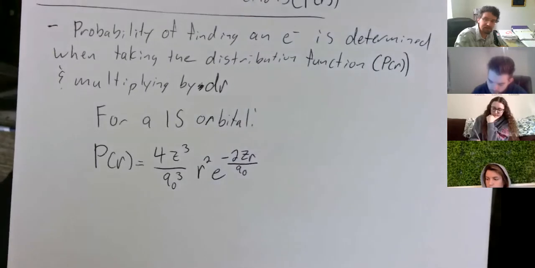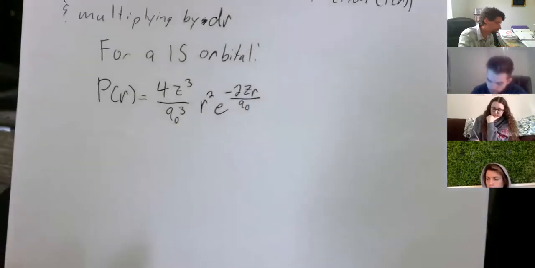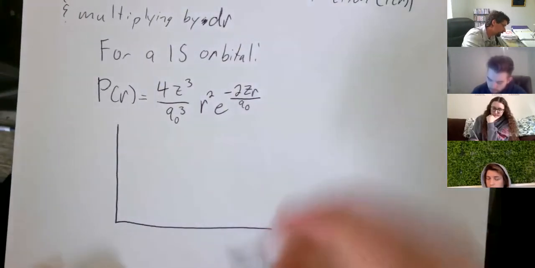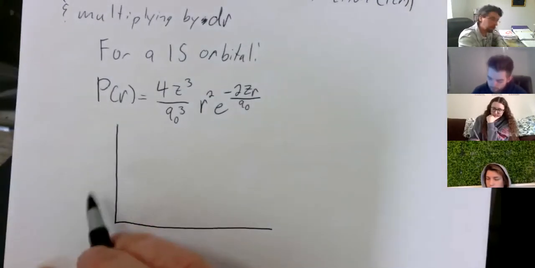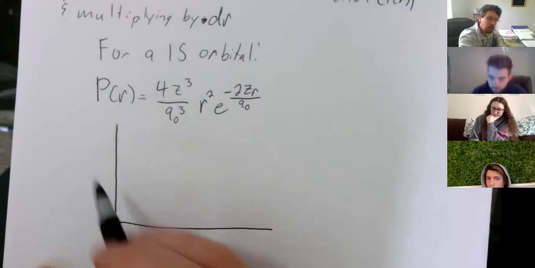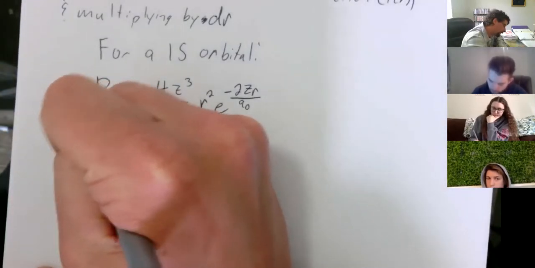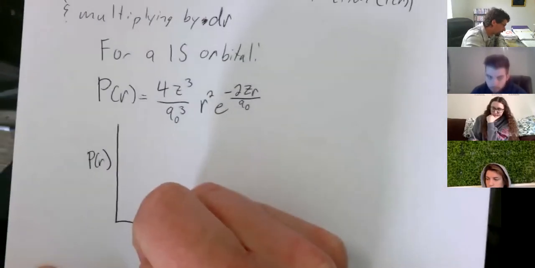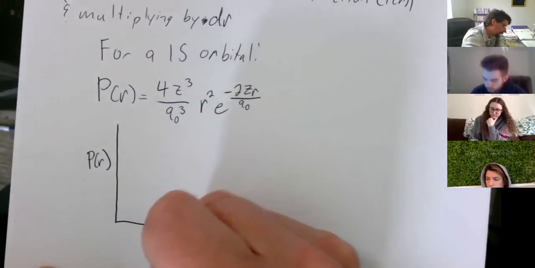And if we were to plot this, we'd have a radial distribution function on our y-axis, so P of R, and we would have our radius.